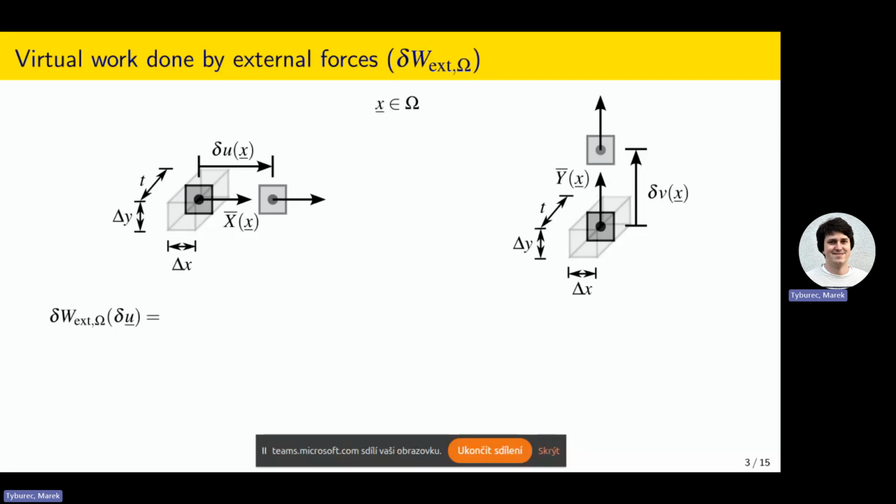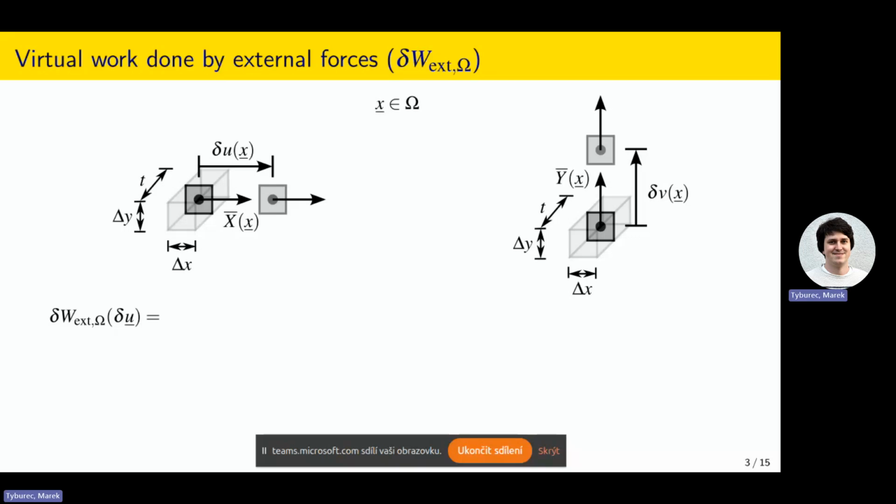And you can see that in this figure. For example, in this case, we have this capital X overline, which is the prescribed body load, and this infinitesimal point. And in the other figure, we have this y pointing upwards, which is the body load in the upwards direction.